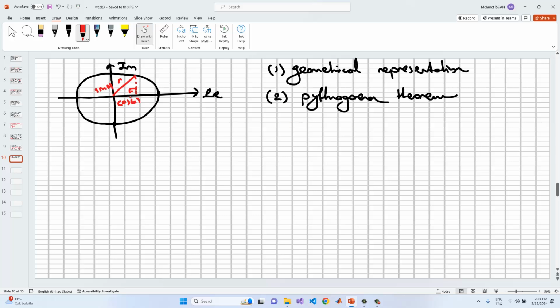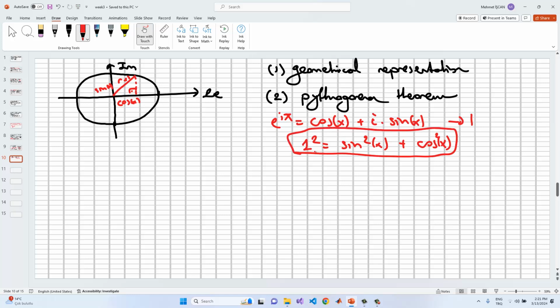And then if this is true, if this is the polar coordinate, and then we have this nomination, the absolute value of this function must be equal to the what? To the 1. And so this is the 1 squared, r is equal to the 1, and so sin^2 x plus cos^2 x must be equal to the 1, right? This is the proof of what? Sinus square plus cosinus square must be equal to what? 1. It's coming from the what? The Euler identity.